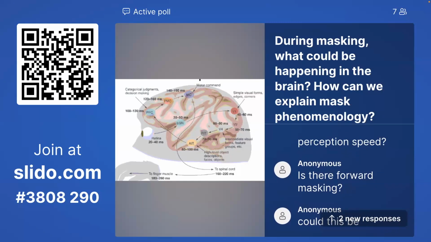Is there forward masking? That's another good comment. Whose comment? Yeah. So this is not to ask your opinion, but in general, the magnitude is smaller. But if you reverse the order, like lots of lines, then a letter, you also don't see the letter.